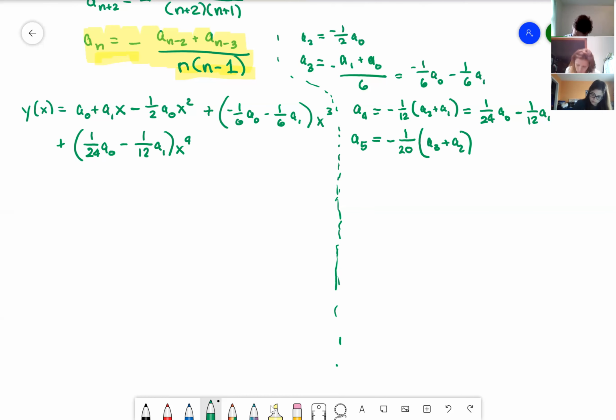So that's negative 1/6, so that's 1/120th a1. And I guess we don't care about the a0 term, but let's write it, a2. So that's plus 1/40th a0. Yeah, let's write it out. 1/40th a0 plus 1/20th a1, x to the 5th plus ellipsis.